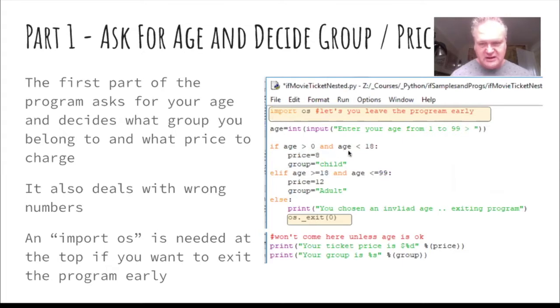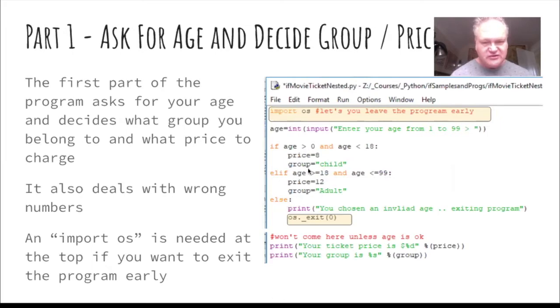Okay, so anything between 0 and 18. So we're using and here to say this and this have to be true. Price is 8, group is child. Elif, which is another choice inside, in between the if statement. Age over 18 and age less than 99. The price is 12, group is adult.